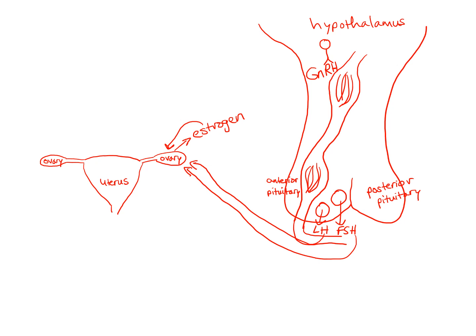And then estrogen is also going to act on the uterine lining, the endometrium, and stimulate that proliferative phase of the uterine cycle. So it'll help thicken the uterine lining. And then LH, luteinizing hormone, will go to the ovary, and it's going to stimulate the production of estrogen as well.